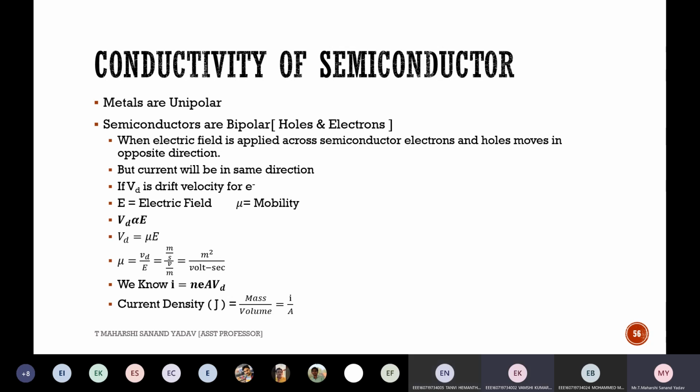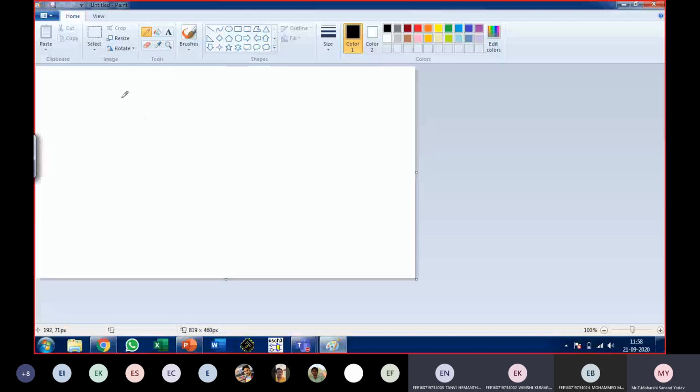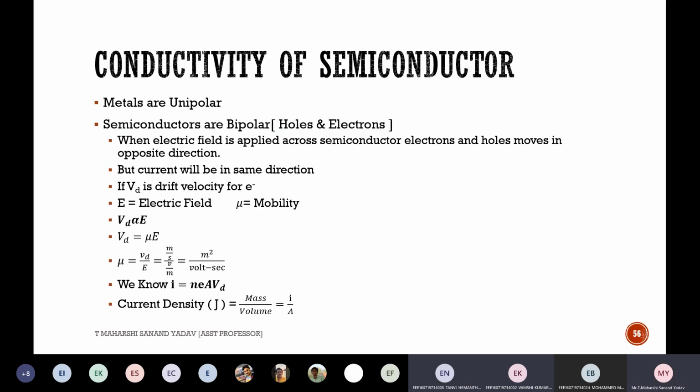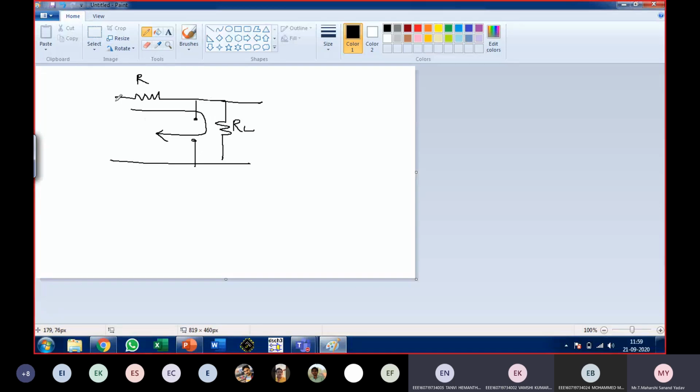This is the first method. What is another method? If I open circuit this, by using KCL or KVL? KVL. Yes, by using KVL, you tell me now. Same diagram again: resistor, here the diode is open circuited and the load will be RL, and here the current is flowing through this.